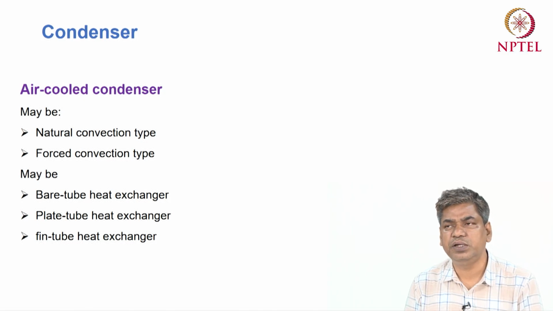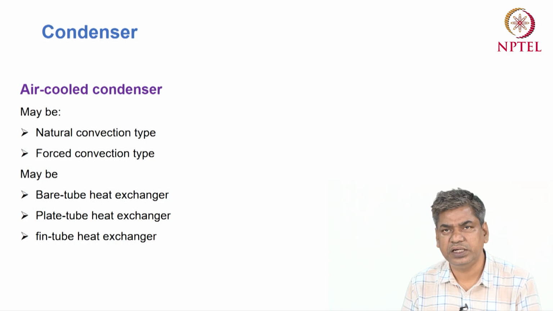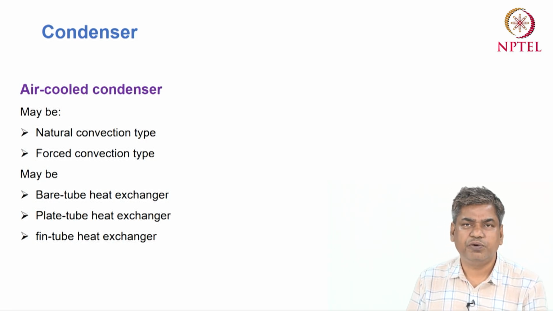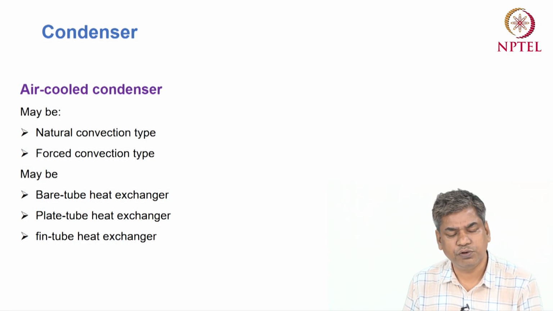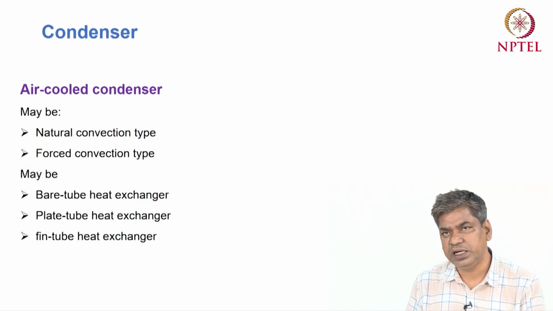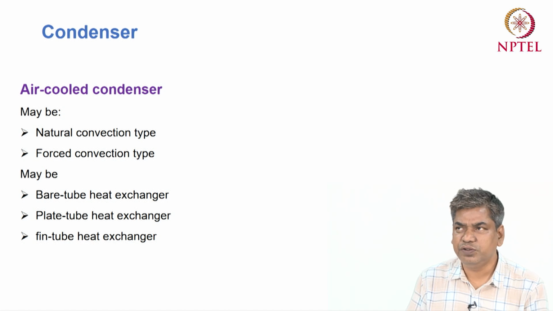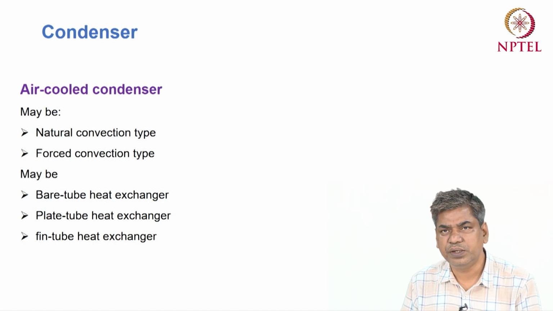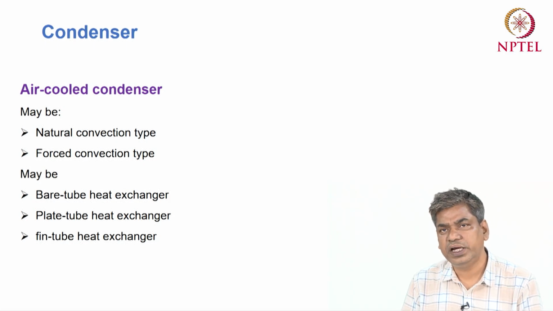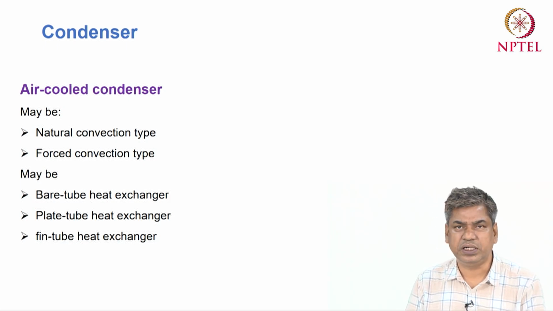At the back side of the refrigerator there is a condenser tubing, and in this case no fan is used for airflow. That is basically the natural convection type. But if you see the condenser of an air conditioning system, we use a fan for the airflow. That is basically the forced convection type.